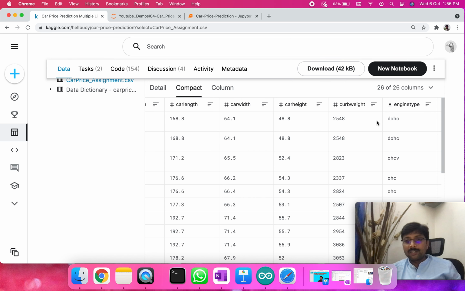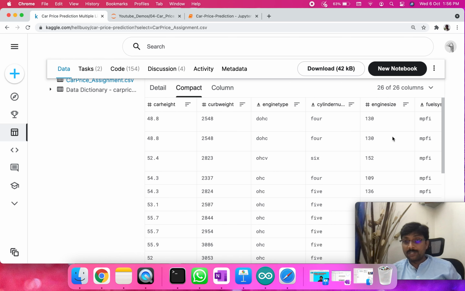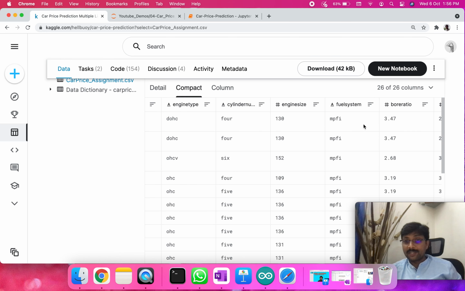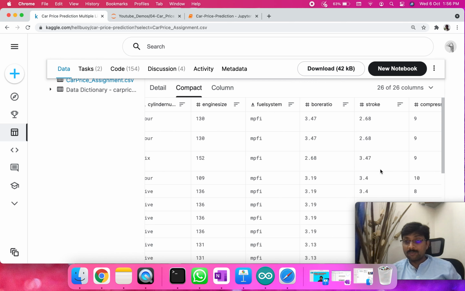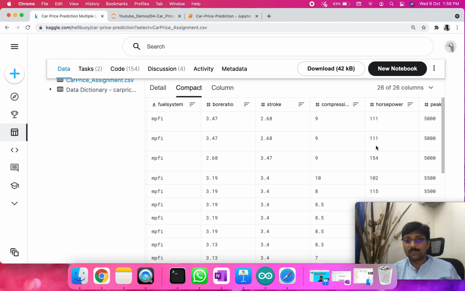All the related data like curb weight, engine type, the number of cylinders, engine size, and the fuel system, bore ratio, stroke ratio. Some of these technical parameters are also very useful to understand the weight of all these parameters on car price. Compression ratio, again, some of them look technical in terms of understanding the car parameters, but all of these are influential.